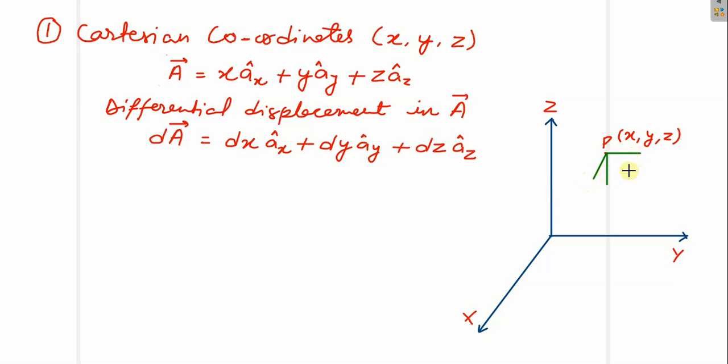Now if I complete this shape, then we can have some figure like this, and then I will join this also, so that it takes the perfect shape of a cuboid.